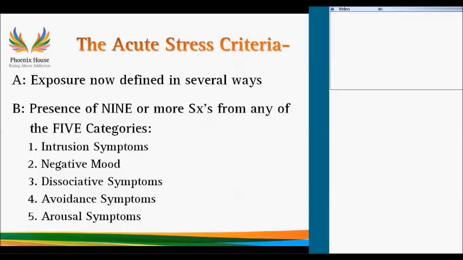In other words, we're not excluding the real diagnosis of major depression or the real diagnosis of panic disorder just because the person is grieving. We're going to give them the diagnosis of panic disorder if they meet that criteria, or major depression if they meet that criteria.